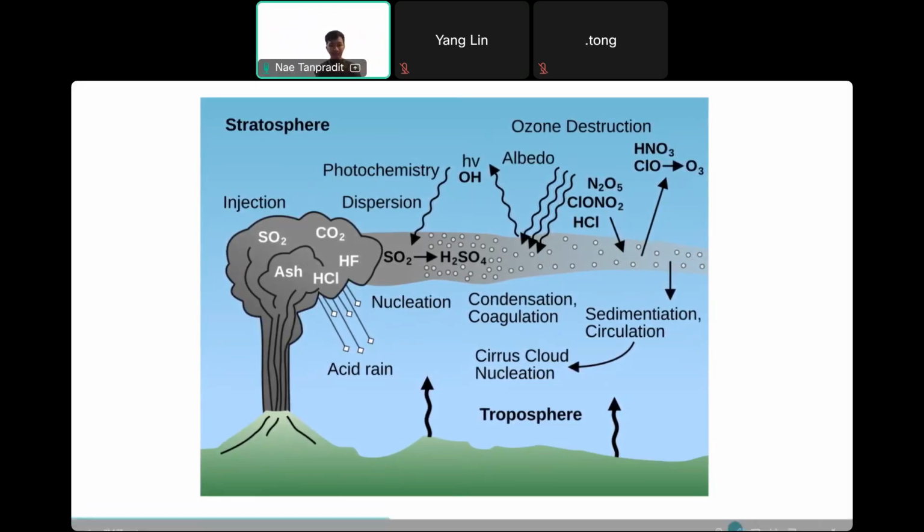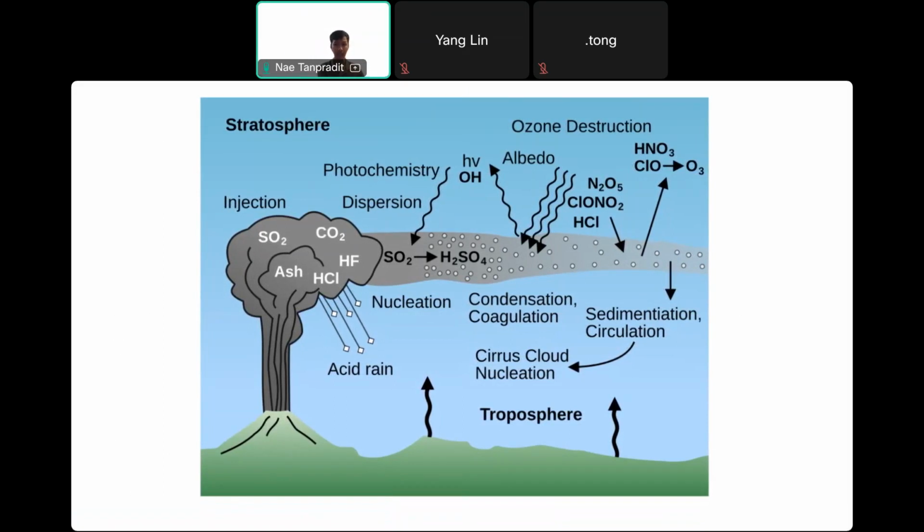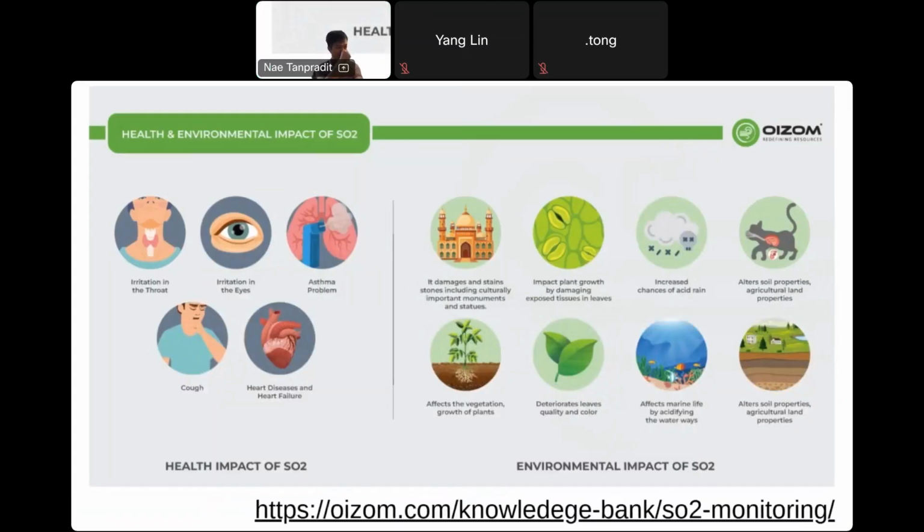It's the largest natural source of SO2 on a global scale in our atmosphere. It causes both health impact and environmental impact. I'll show you in this slide. For health, it's irritating the eyes, the lungs, also causing heart diseases, and also has environmental impact.